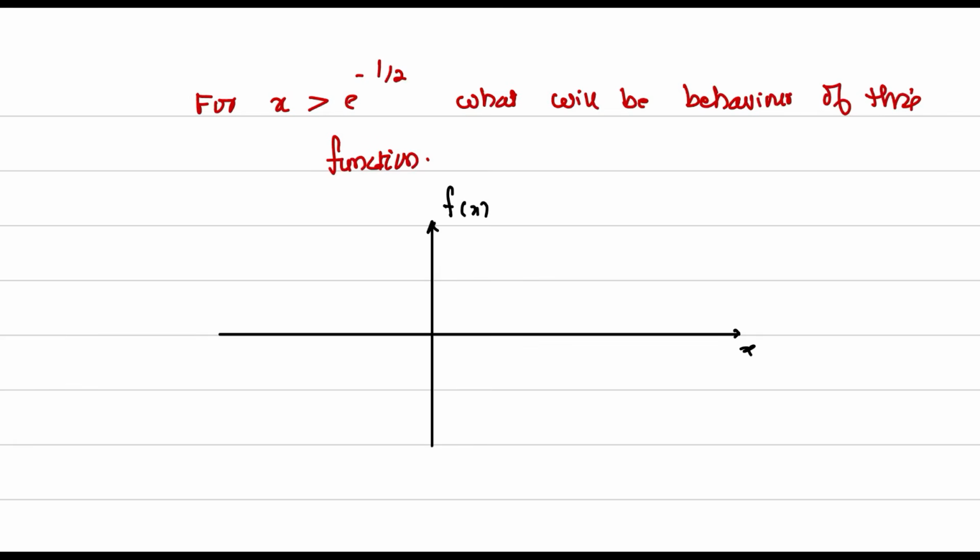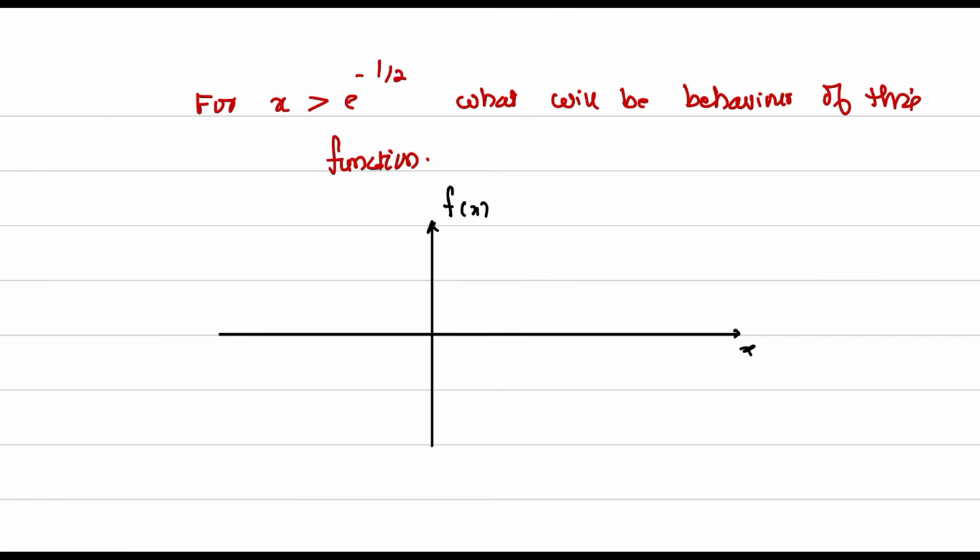Please see. 1 by square root of 2.718 is approximately 0.606. 1 by e to the power of minus 1 by 2 is 0.606.